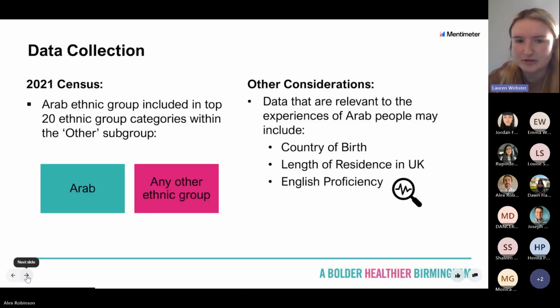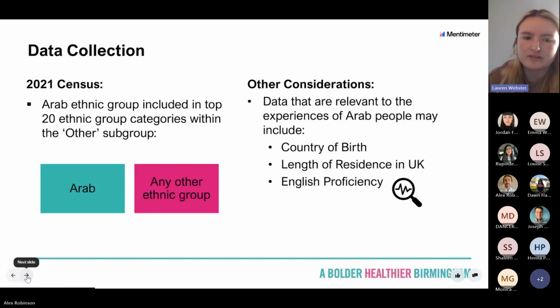So onto the data collection for the Arab Community Health Profile. We used information from the 2021 census. The Arab ethnic group was included in the top 20 ethnic group subcategories within the other subgroup. There were other considerations we need to make when using this data. Data that are relevant to the experiences of Arab people may include country of birth, length of residence in the UK, and English proficiency.